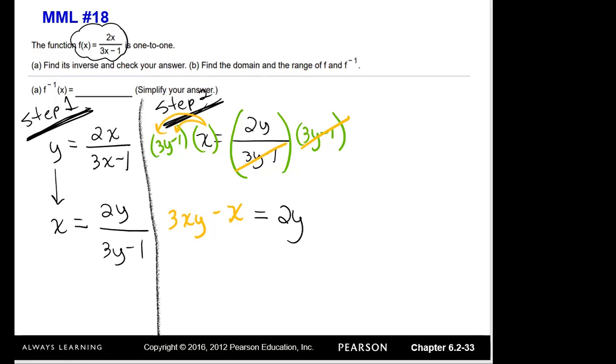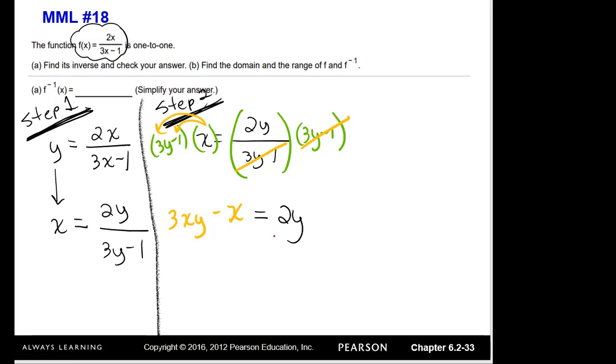Okay, keep in mind, you're trying to solve for y. So first thing was get the y out of the denominator. Second thing, I've got y's on both sides. They need to be on the same side. Well, I don't like that negative x. So I am going to switch to a different color.